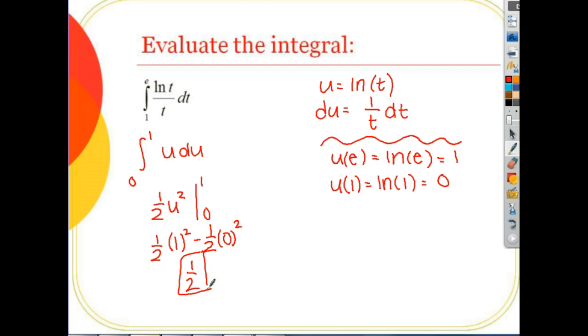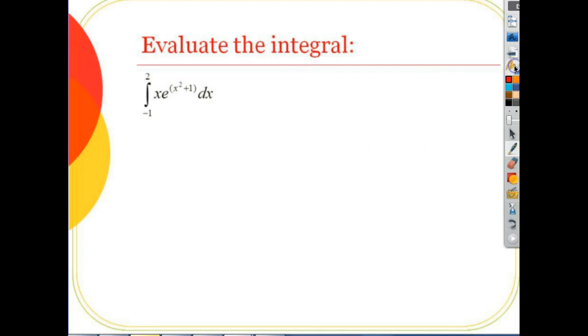What's my u going to be in the next one? X squared. So remember, it doesn't matter that this x initially is written out here.